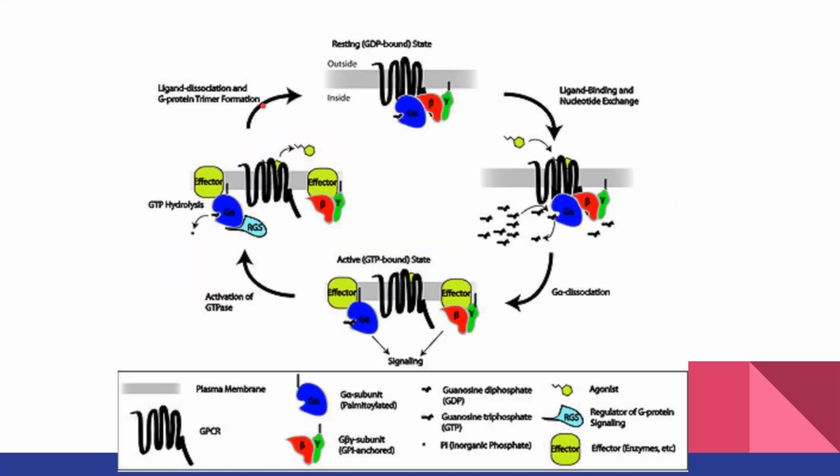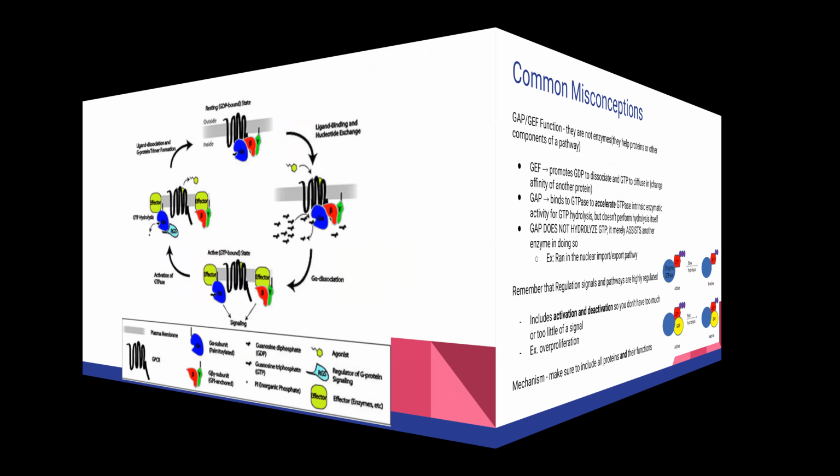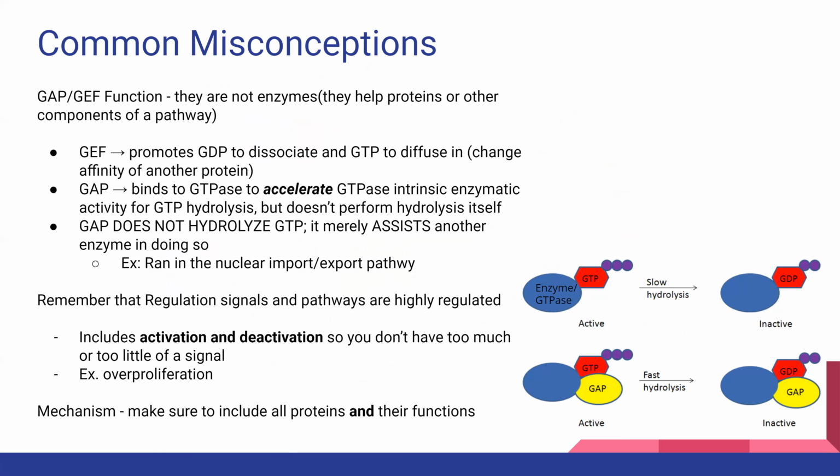And that's just another diagram of the whole thing. So, some common misconceptions: the GAP and GEF function like we're talking about. I remember she asks these questions a lot. She will ask about enzyme activity and what are and aren't enzymes. It's important to know that GAP and GEF are not enzymes because they don't have any catalytic properties.